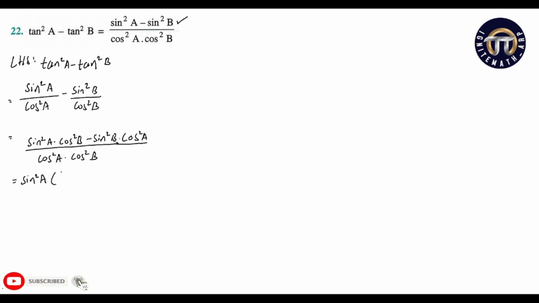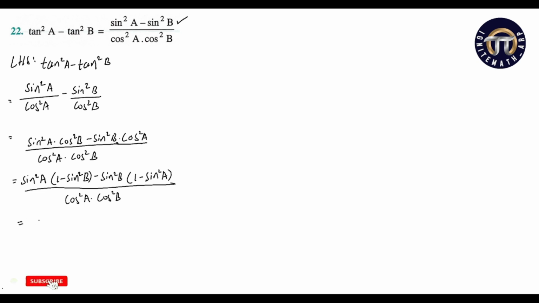I can write this cos square B as 1 minus sin square B, minus sin square B as it is. Again express this cos square A as 1 minus sin square A. The denominator I am going to write as it is, cos square A into cos square B.